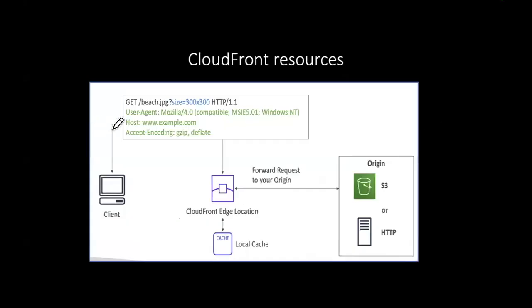This is just another visualization. So we have our client, our browser, or it could be a mobile app, I guess. It's going to send the request, and the URL of the request will be a domain name that has been generated for your distribution. When you create a distribution, CloudFront assigns a domain name or URL to it.